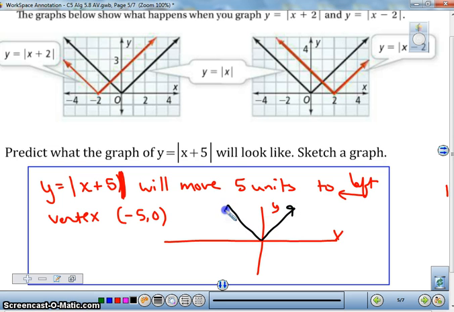The parent function, this is our y equals the absolute value of x. And now we are going 1, 2, 3, 4, 5 units over. And we now have that same graph, and in this case, same shape. This is our graph of y is equal to the absolute value of x plus 5. Pause it if you need to watch and rewrite it and look at those points.